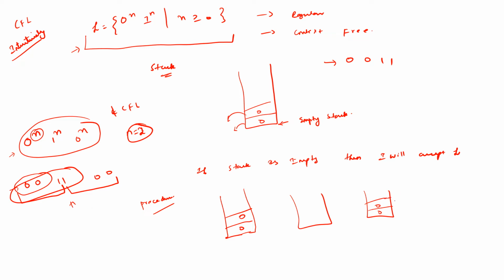Now what is the decision rule? Earlier, for the language 0^n 1^n, once you consume the symbols, if the stack is empty, then I accept. Here, the last two zeros will not make the stack empty.